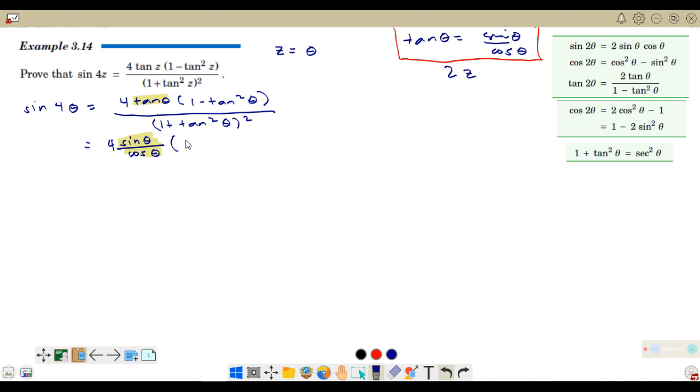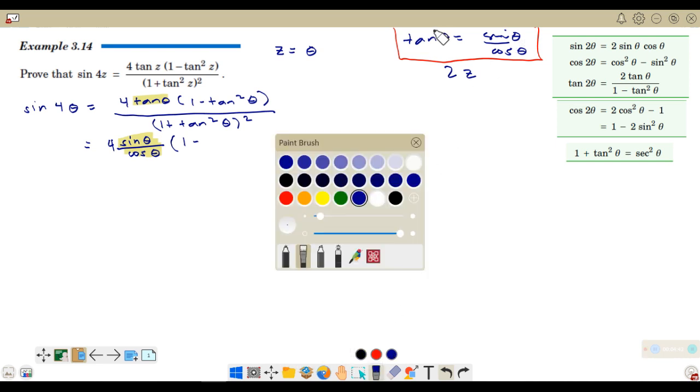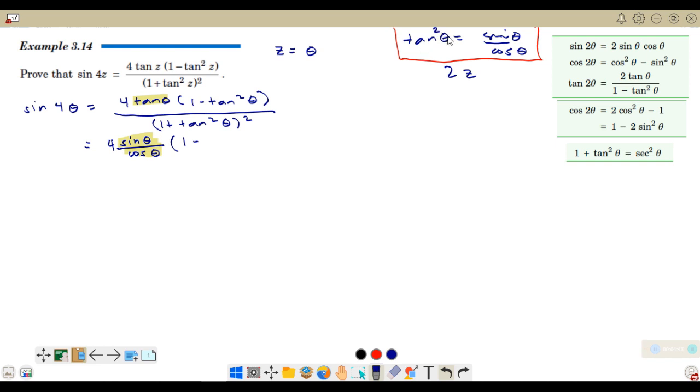Inside the parentheses, we have 1 minus tangent squared theta. So, kung tangent theta is equal to sine theta over cosine theta, if we put here a squaring function, tangent squared theta, its equivalent will be sine squared theta over cosine squared theta. Nasusundan? Hopefully nasusundan.